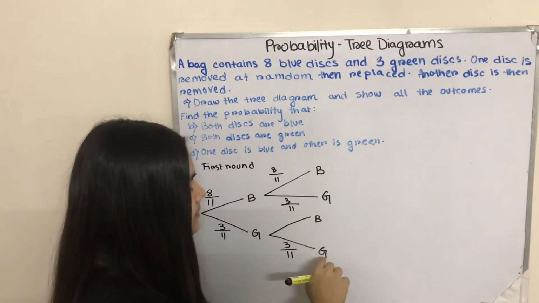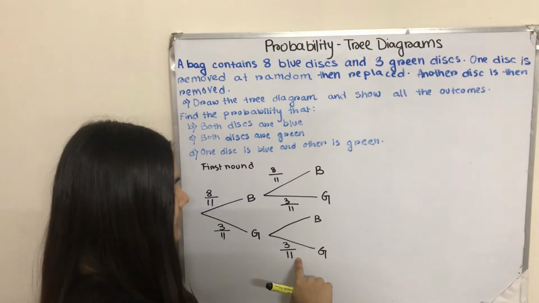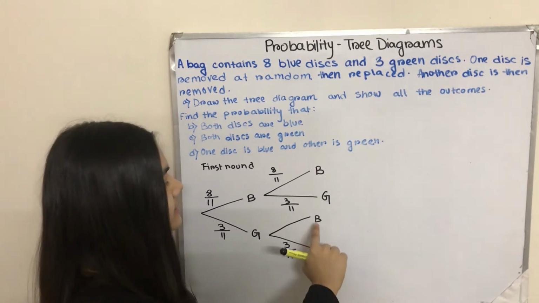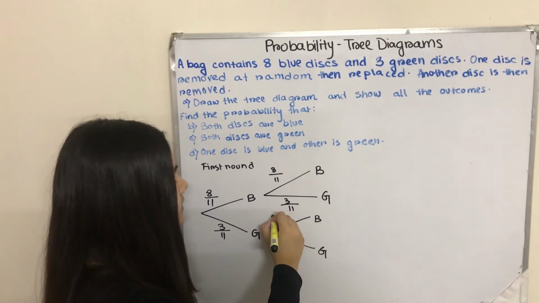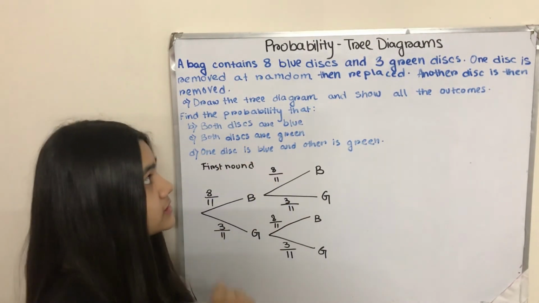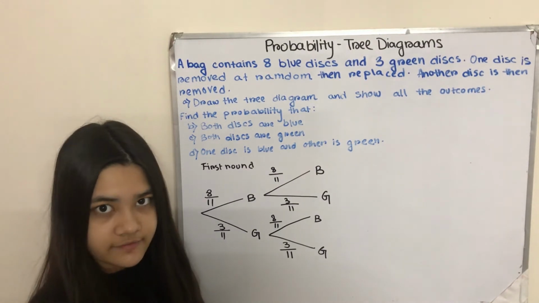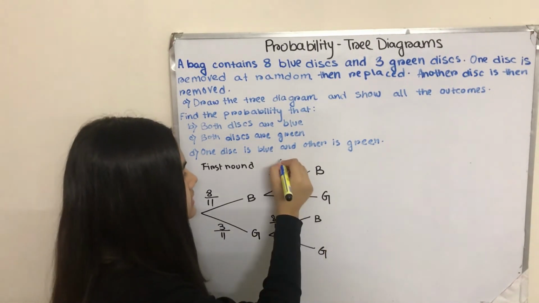So the probability that it might be green is 3 by 11 and the probability that it might be blue is 8 by 11, as there are 8 blue discs and the total number of discs is 11. And this is for the second round.